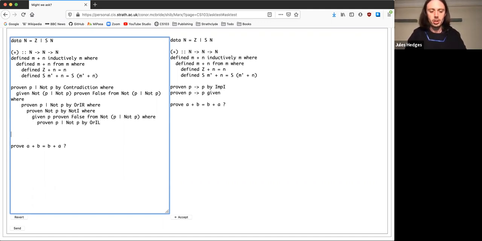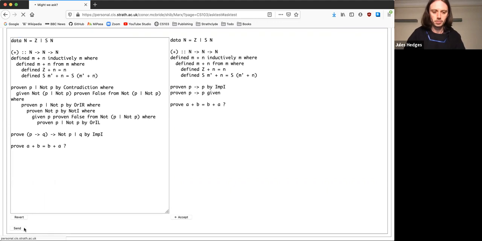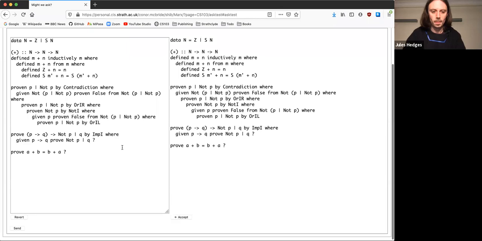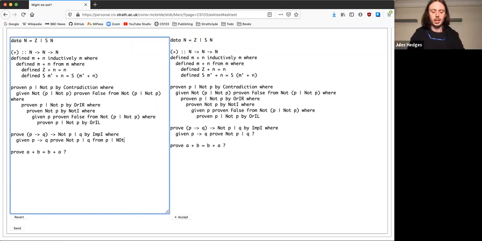And I'm going to show you a new proof of the formula prove P implies Q implies not P or Q. This was an exercise in the week 2 exercises. I'm going to use by imp I, and now I'm going to say from P or not P.